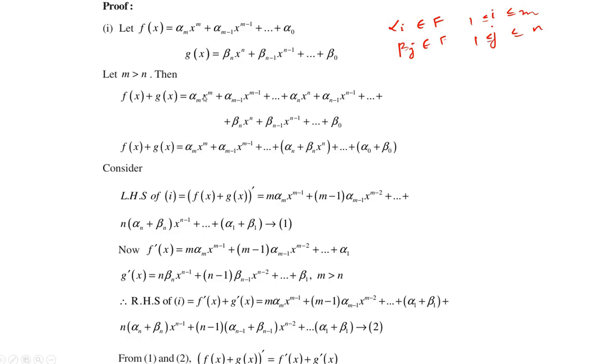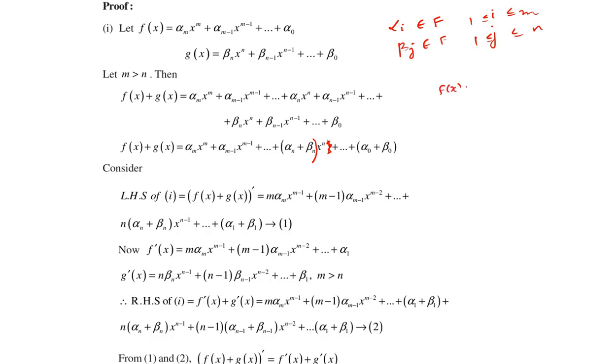This one will remain as such. Actually the bracket should be here. So alpha n plus beta n times x power n, and so on, up to alpha naught plus beta naught, when you add them, because we have considered m to be greater than n.